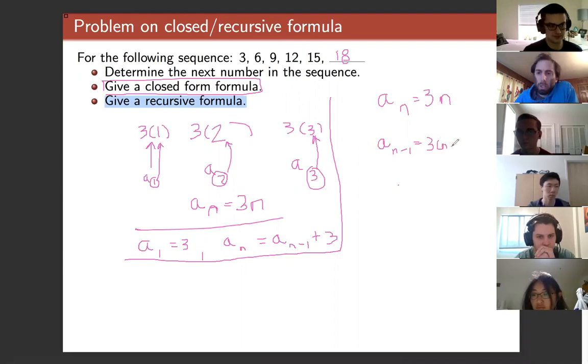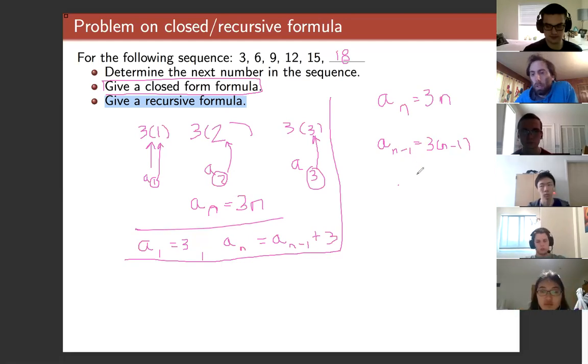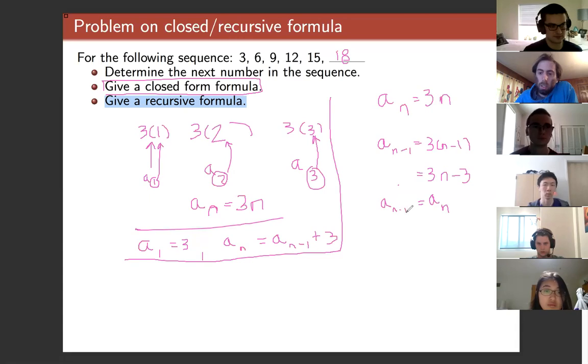So when we're trying to find a recursive formulation, we want to relate an and an minus 1. If this is 3n, the straightforward thing to do is to distribute. So we have 3n minus 3. Now we know 3n is an, so we know a relationship between an and an minus 1. Then we can just add 3 to both sides, and we've got our equality and our recurrence.